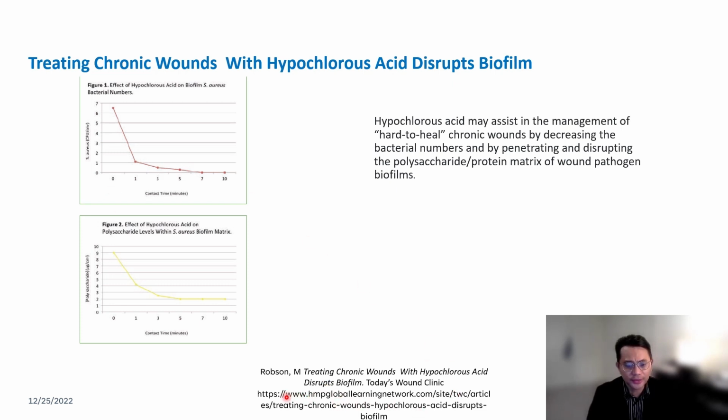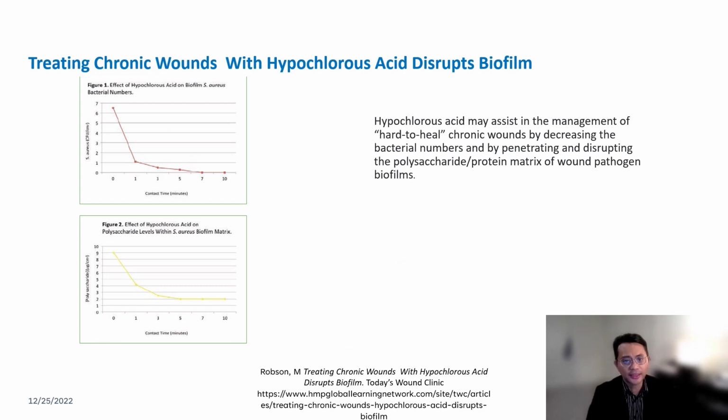This is a work of Robson, and I like these two graphs here showing how hypochlorous acid could dramatically and abruptly decrease both the number of bacteria and also disrupt the polysaccharide component that is found in biofilm. So they're saying that it's maybe a very good solution to assist a hard to heal wound because of its effect on the biofilm.